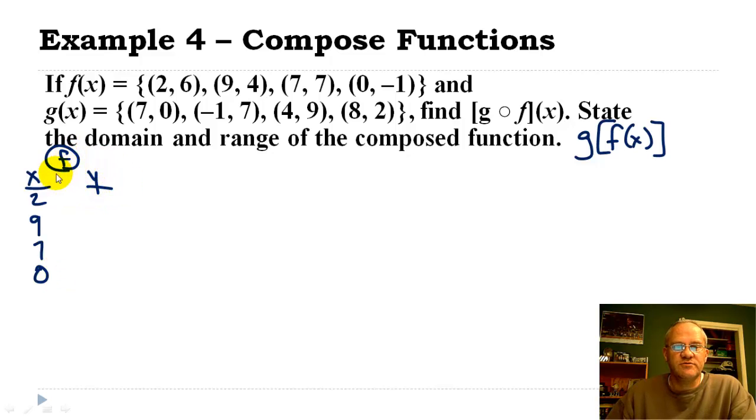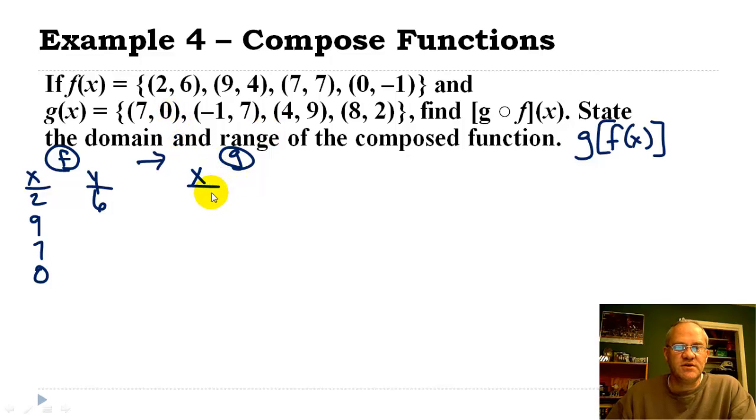All right, so we're starting with the f function. When x is 2, what's y? y is 6. Then remember, we plug it into the g function. So we're looking for a 6 here. Oh, look at this. In g, there is no 6 for x. It doesn't work, does it?